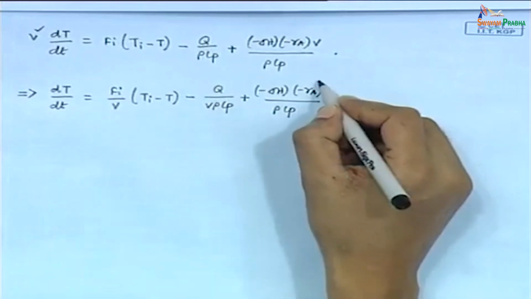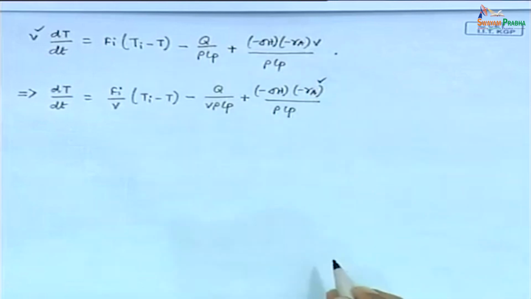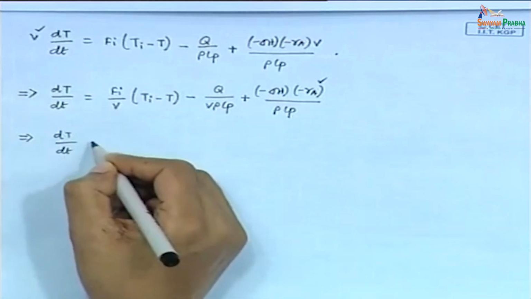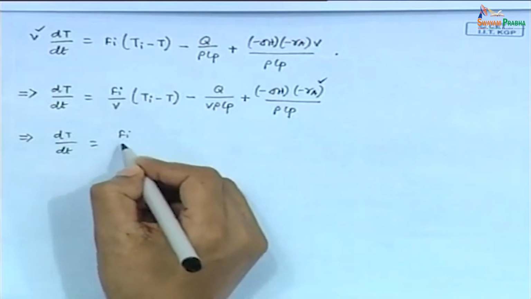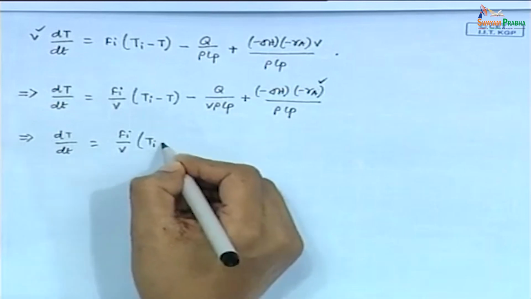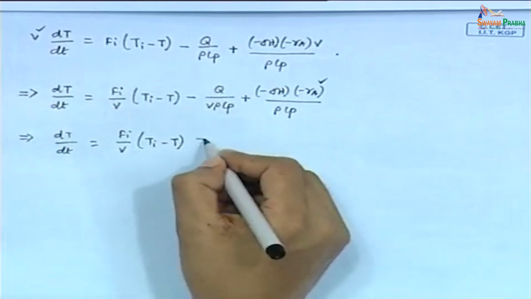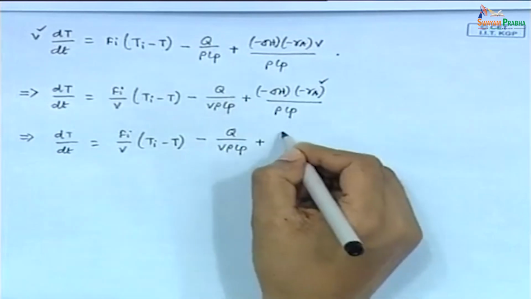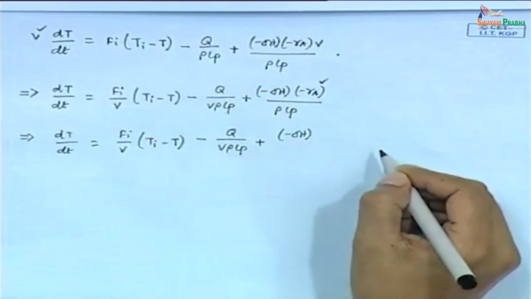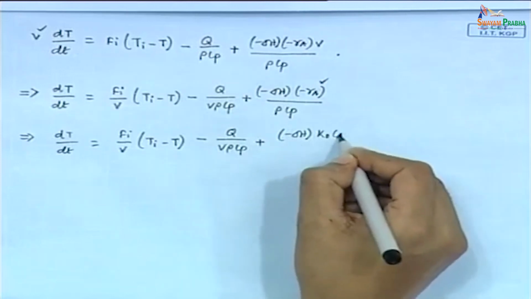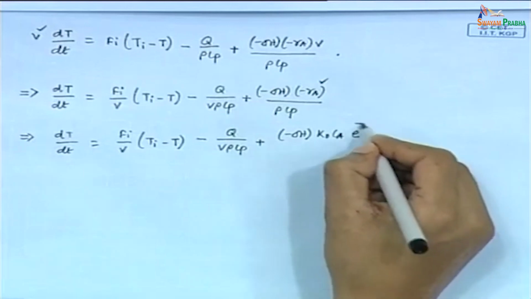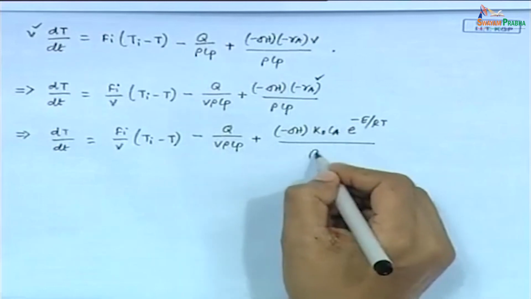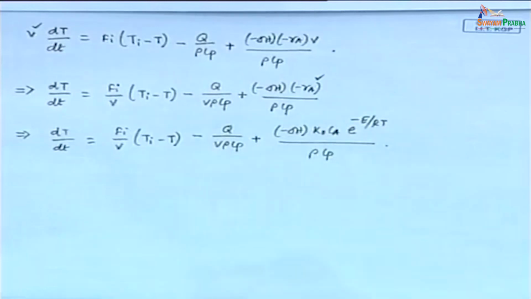Now, again we will substitute here the Arrhenius law. Then dT/dt equals Fi divided by V (Ti minus T) minus Q divided by V rho Cp plus minus del H, k naught CA exponential of minus E divided by RT, whole divided by rho Cp.